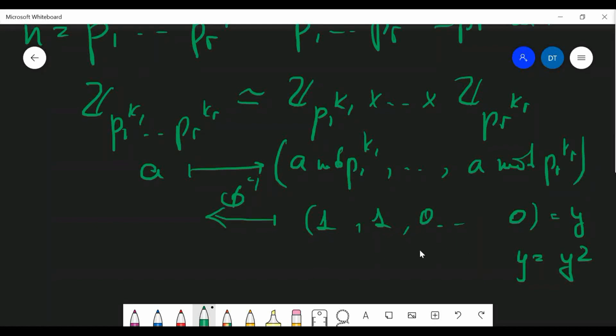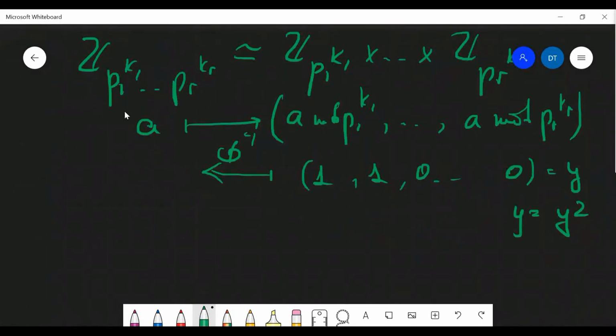So if you want to find them explicitly, you need to find this isomorphism. You need to find the formula for its inverse. Then you take all sequences consisting of 0s and 1s, and how many of them? 2 to the r, where r is the number of factors. And then the images of all these sequences are all the idempotents of this ring.